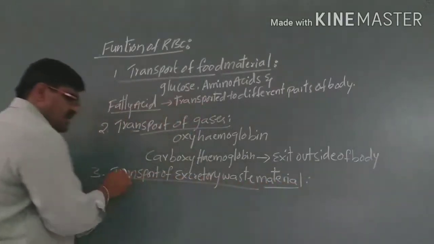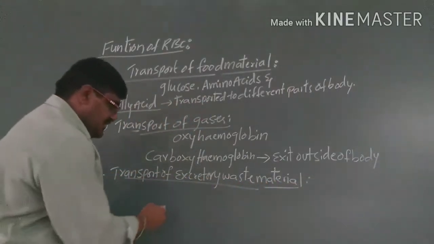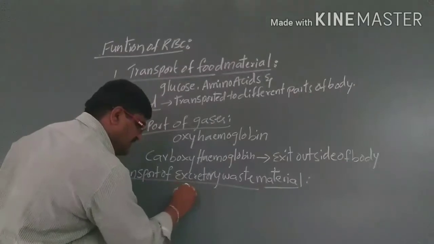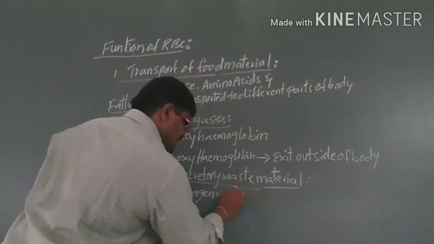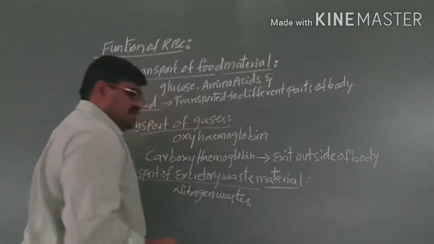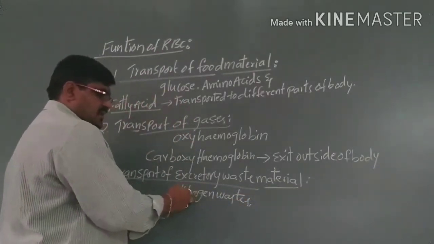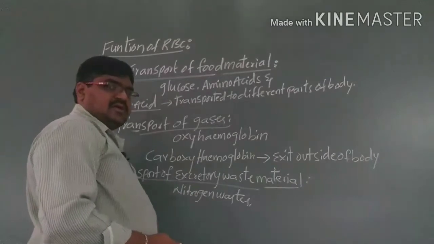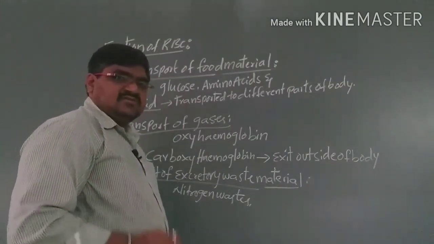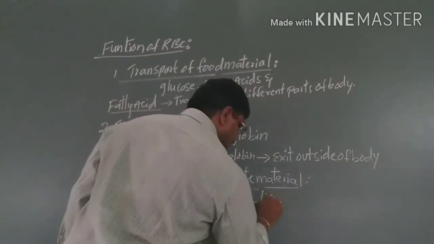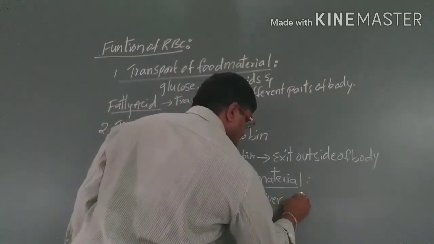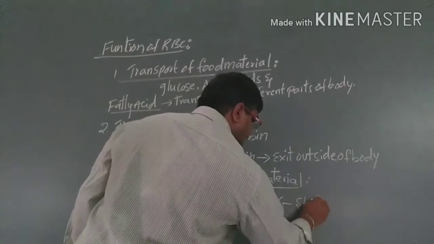Here they transport waste materials in the form of nitrogenous waste, and the toxic substances which are present are transported to the liver. It also carries waste materials to the skin.